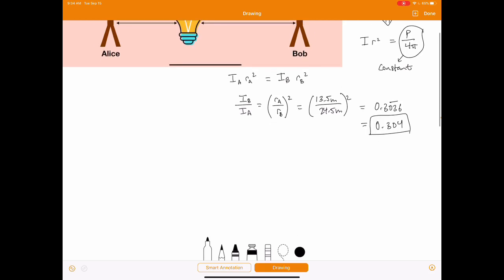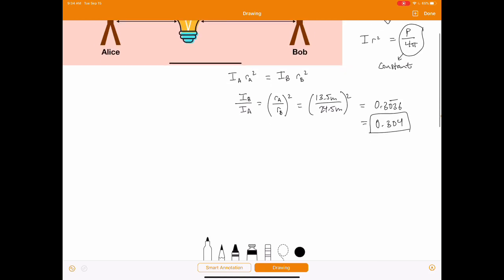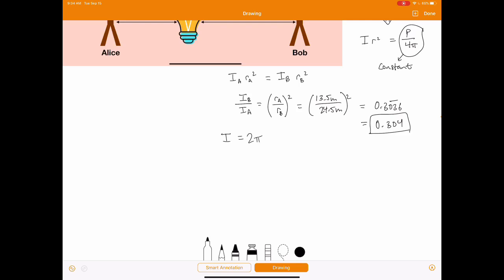Okay, next we want to talk about the amplitudes of the waves. So I'm going to remind you of a result that we derived earlier. Intensity of a wave is equal to 2 pi squared times rho times v times f squared times a squared.